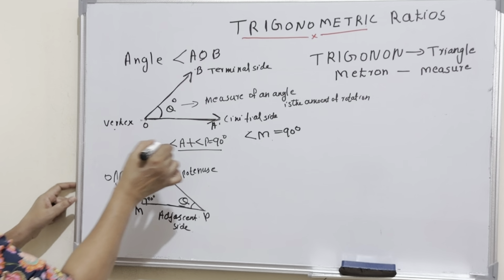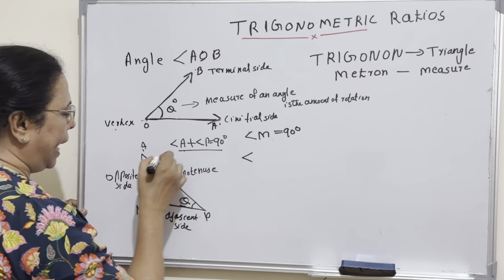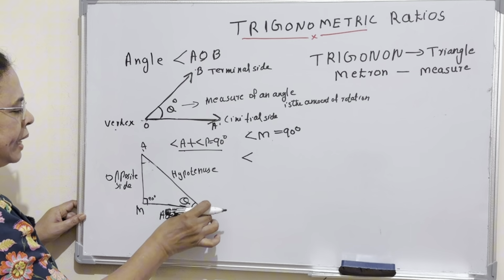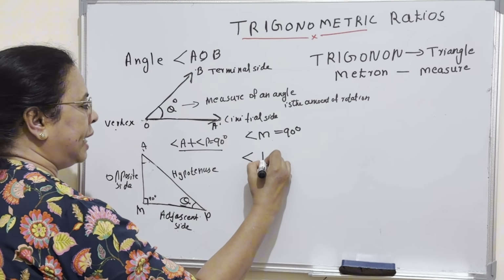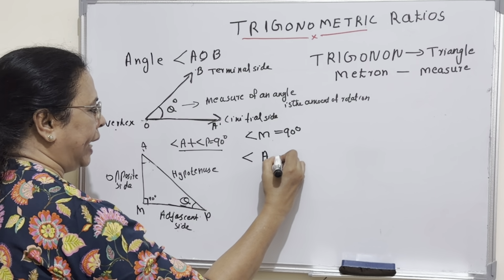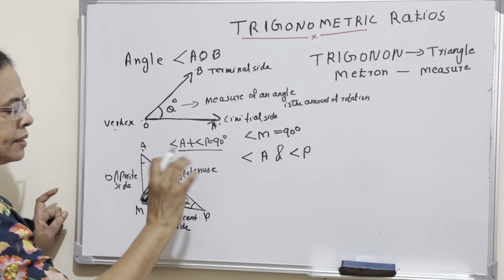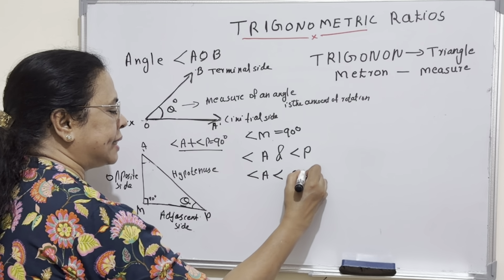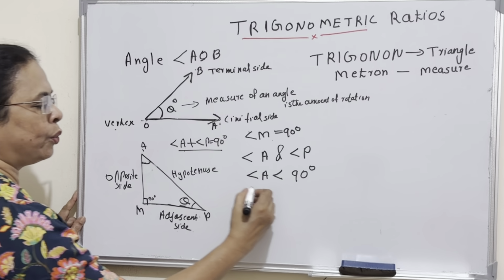That means angle A and angle P. Angle A has two arms, which are PA and MP. Okay, so angle A and angle P, both are less than 90 degrees, right? Less than 90 degree angles, we call them what? Acute angles.